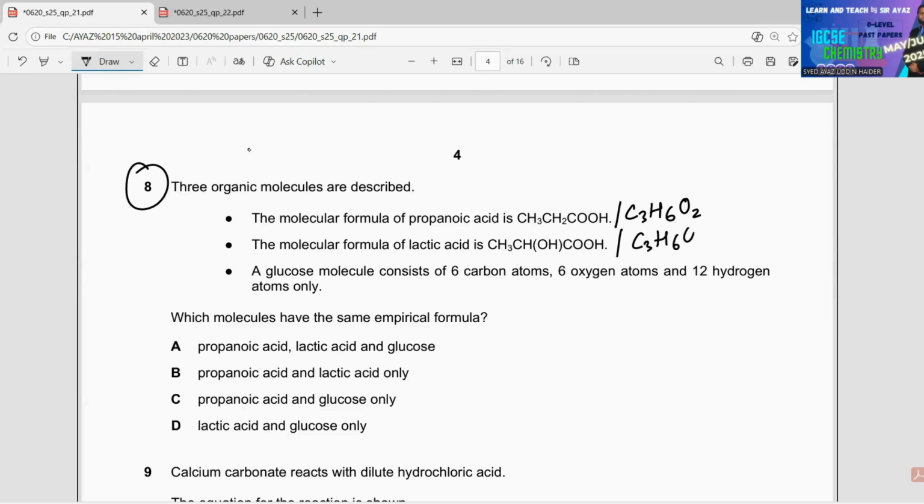What about oxygen? O3. This can be simplified. This becomes CH2O. This is the empirical formula. Glucose contains 6 carbon atoms, C6, 12 hydrogen atoms, H12, 6 oxygen atoms, O6. The empirical formula will be CH2O. So lactic acid and glucose have the same empirical formula. So D must be the right answer in this case.